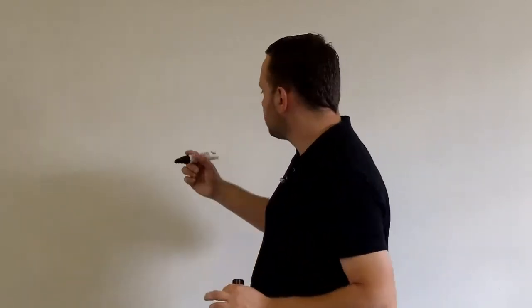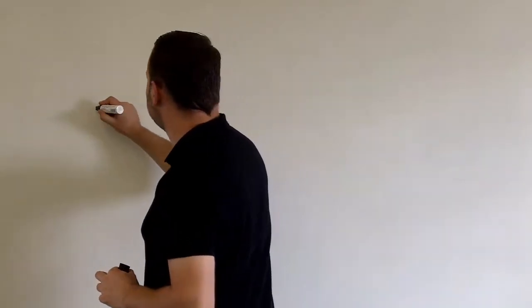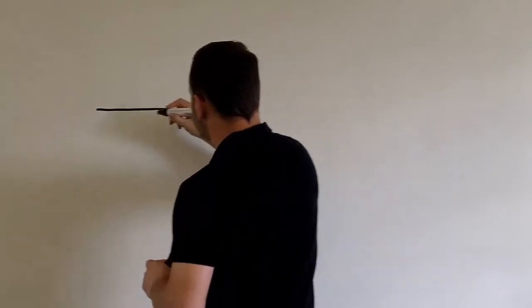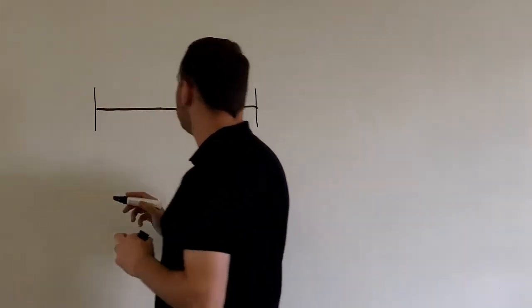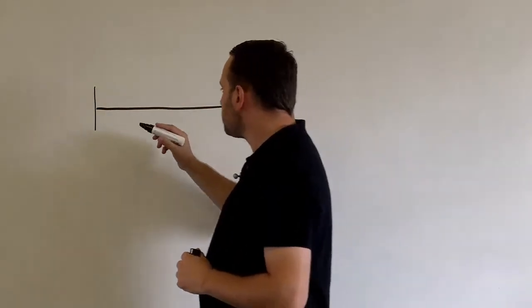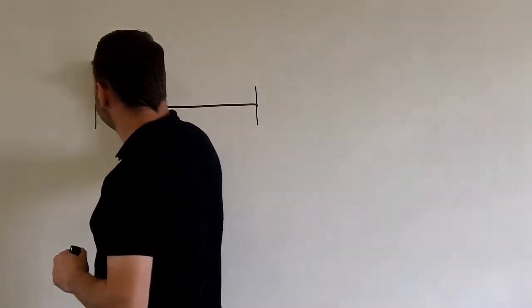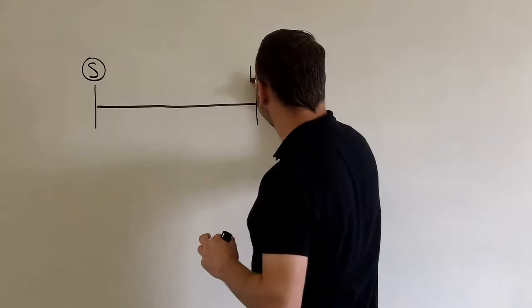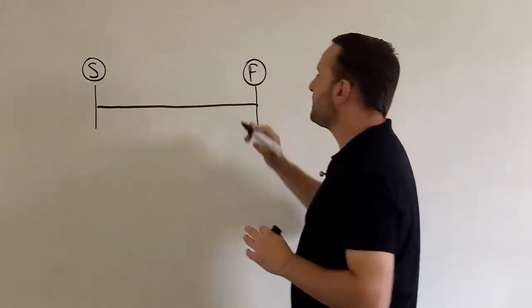Now, the great thing about this system, let's just say, if we just put a line here a moment, if we just draw this line with an end point and a start point, okay? So in between, if we say this is the start, and over here, this is the finish, okay?